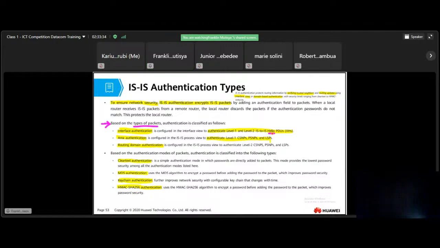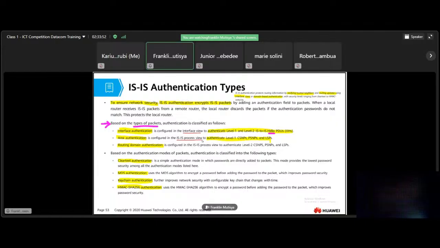Are we together? Now, area authentication on ISIS is implemented in the ISIS process. There's a difference between interface view and ISIS process view.